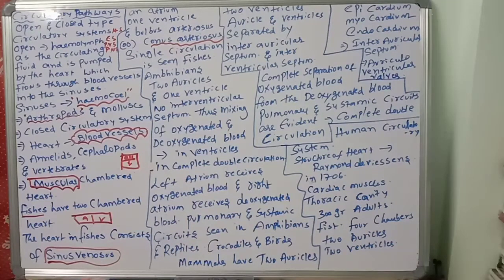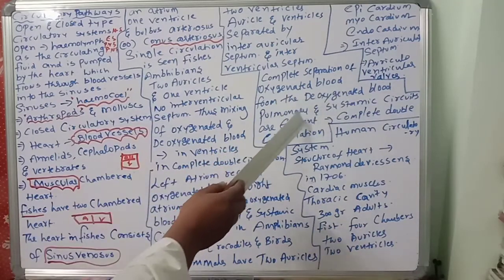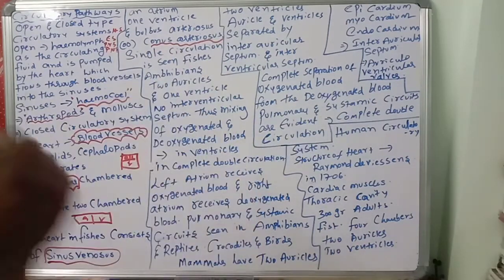The pulmonary and systemic circuits together make complete double circulation.